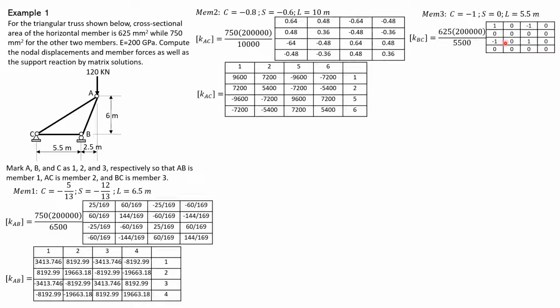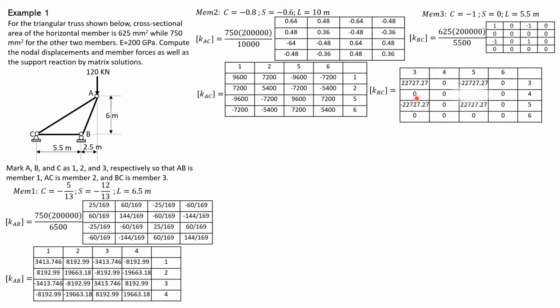Then we copy this 4 by 4 here, the same, and this 4 by 4 here. Simplifying, K of BC is equal to 22,727.27, then negative 22,727.27, then negative, positive. By the way, BC is 2 to 3, so that would be 3, 4, 5, 6.